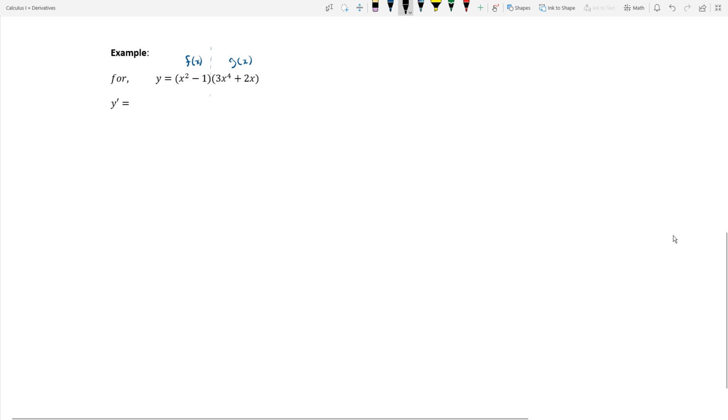So we know that y prime is equal to the derivative of the first function, and that first one is x squared minus 1, multiplied by the second function as a whole, so that is 3x to the fourth plus 2x, and then we will add the derivative of the second function.